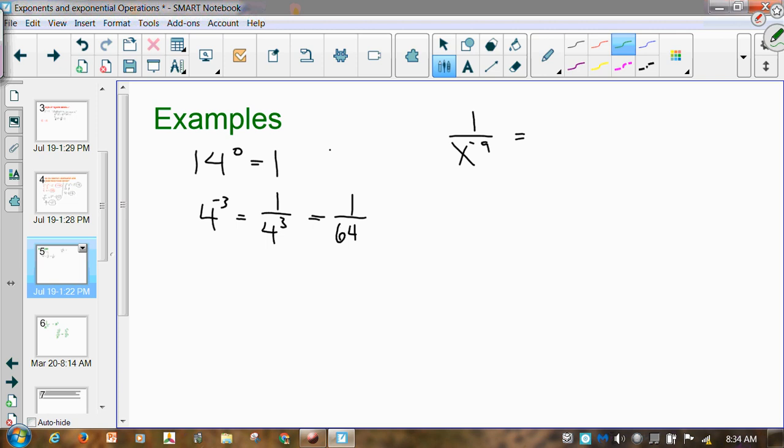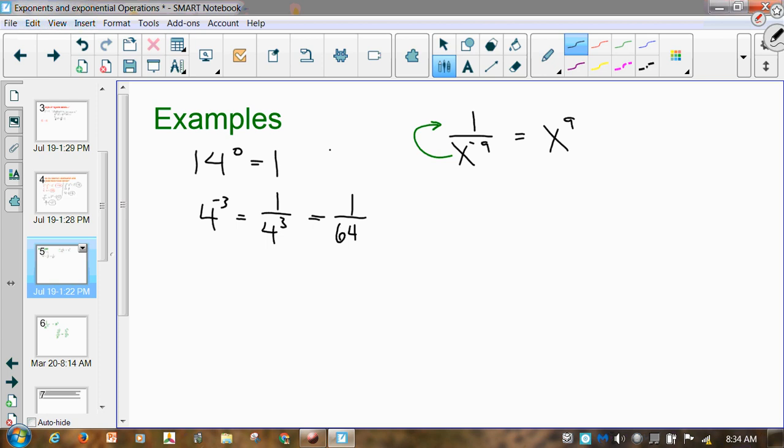So we take this x to the minus 9th, and the flip of a reciprocal is we take what's in the denominator and put it in the numerator, and I call that taking it upstairs, okay? Downstairs and upstairs. So we're going to take this upstairs, and that's going to become x to the positive 9, all right? And then whatever x represents, we could raise it to the 9th power and so forth, okay?